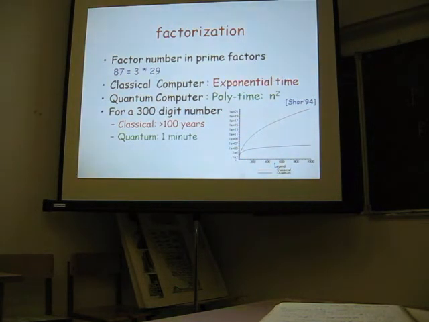I once calculated it, and I think if you want to add all the error correction and the fault tolerance stuff, you need at least 10,000 qubits to factor 300 digits. I mean, 300 digits already becomes like 1,000 qubits just to represent it, and then you need some overhead, etc.